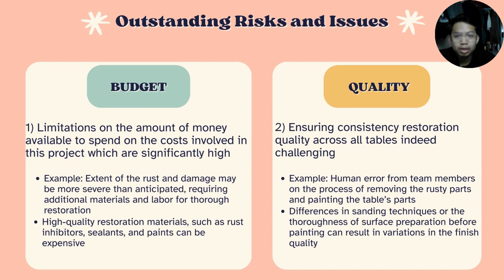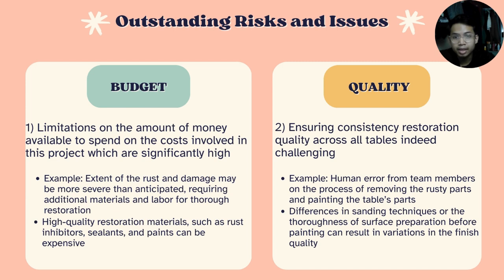Okay, moving on for the outstanding risks and issues throughout this project. So firstly, for the budget, which is the limitation on the amount of money available spent on the costs involved in this project, which are significantly high.